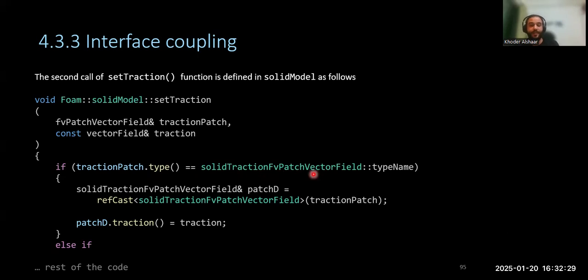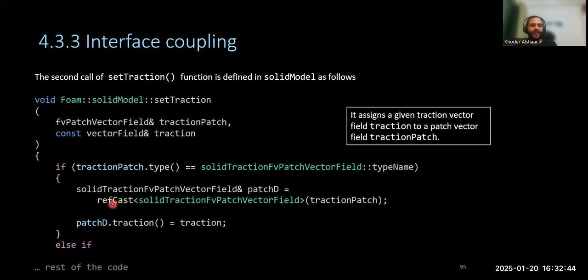If it is solid traction of this type, then what it'll do, it will take the patch ID and reference. It's really hard to explain it in words. Sorry for that, but it will recast it into solid traction boundary field, right?